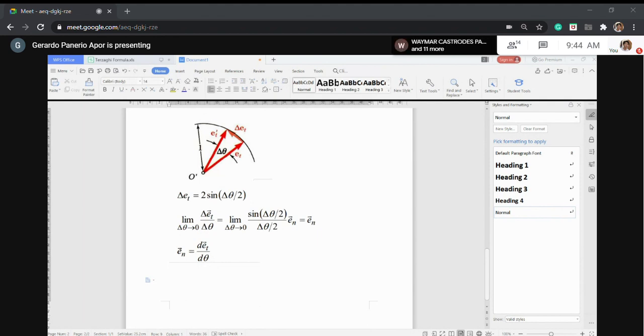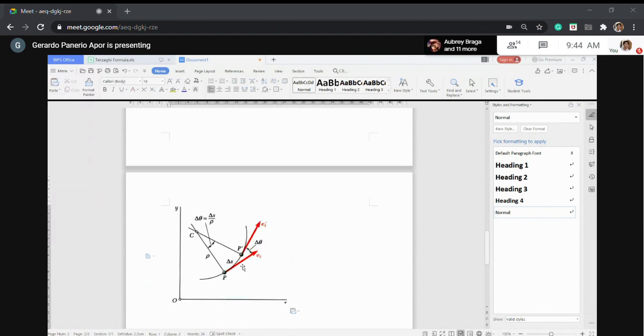Okay, so with that, balik ta sa figure. So P prime travels at delta S, and this is delta theta. If you want to determine that delta theta, it equals delta S over rho.